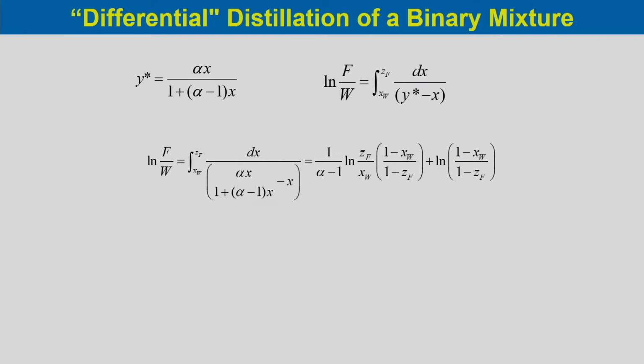So, now if we substitute in place of y star this equation, and do the analytical integration, it would be 1 by (alpha minus 1) [ln ZF by XW into (1 minus XW) divided by (1 minus ZF)] plus ln (1 minus XW) divided by (1 minus ZF).